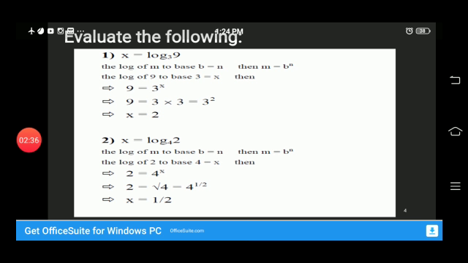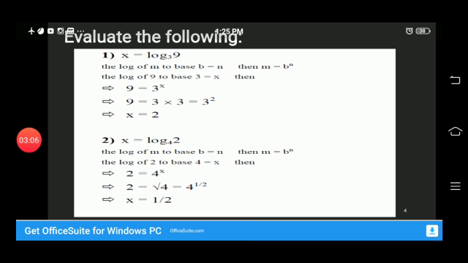Another example: x is equal to log of 2 to base 4. The log of m to the base b is n, then m is equal to b raised to power n. Substituting the values, the log of 2 to base 4 is x. Then 2 is equal to 4 raised to power x. Now x is in the power.